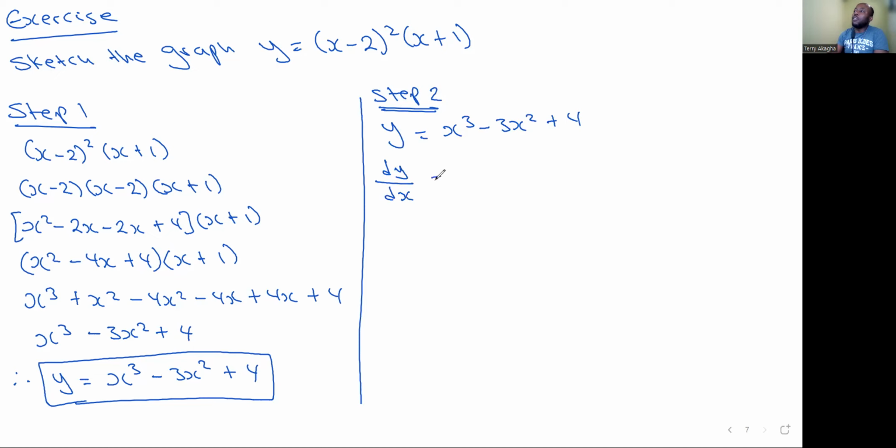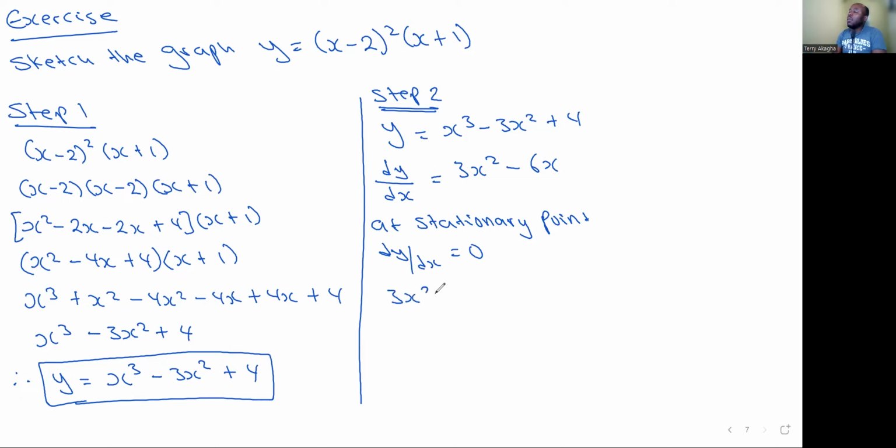You first differentiate this, and this will give you 3x squared minus 6x. Now, we talked about this, that at a stationary point, dy over dx is equal to 0. So that means when you get to a stationary point, the first derivative is equal to 0. So that means 3x squared minus 6x is equal to 0.